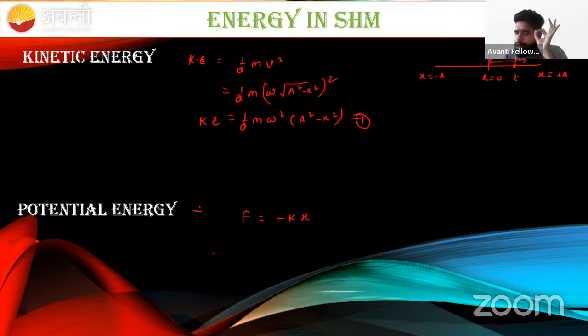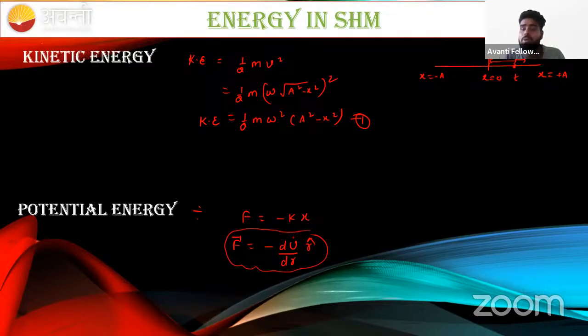And there is an important relationship for stable equilibrium: the force is minus dU upon dr. This is the important relationship between a conservative force and potential energy. Since the particle is moving in the x direction, this can be written as minus dU upon dx.